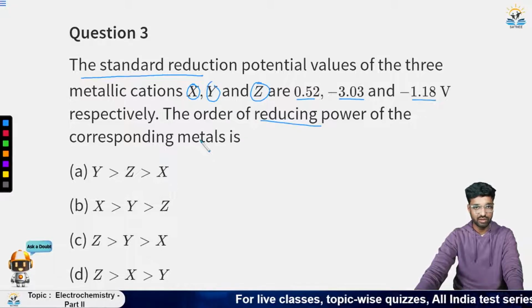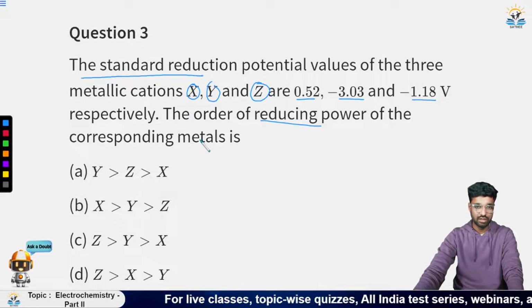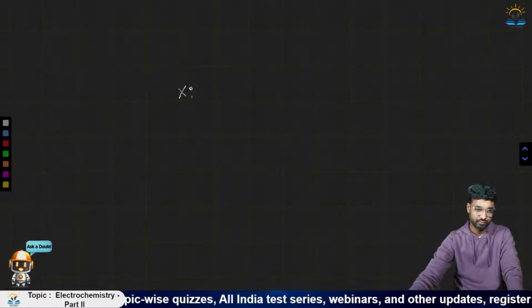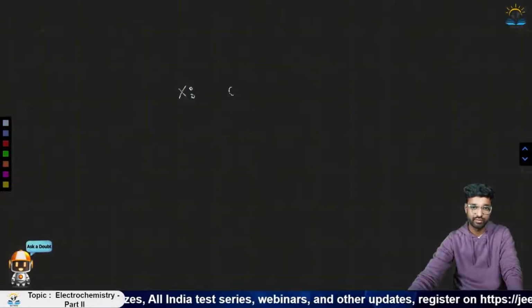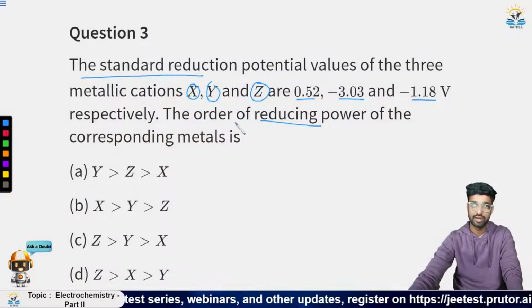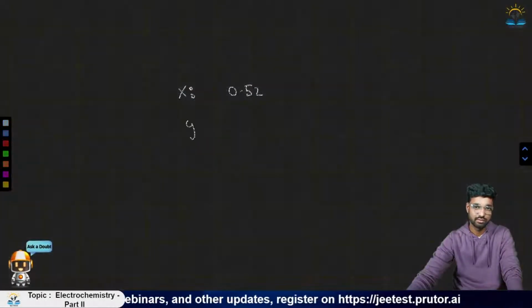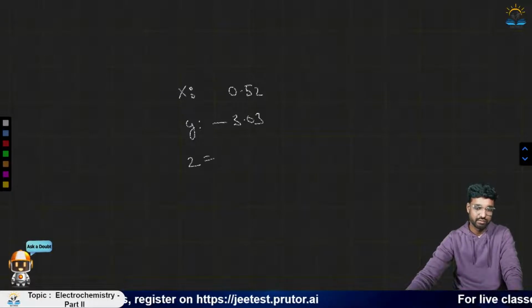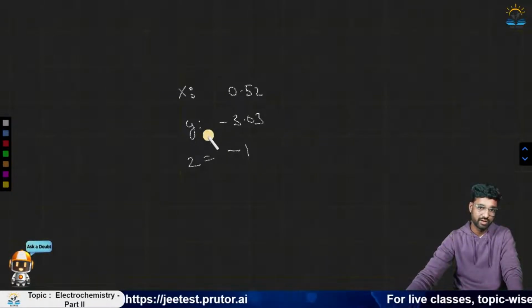Now we have to find the opposite order. So let us see how we can solve it. So X has a given value of 0.52, Y is minus 3.03 and Z is minus 1.18.